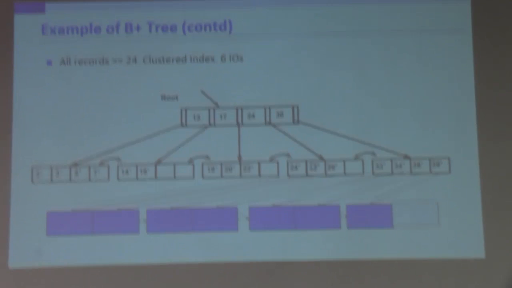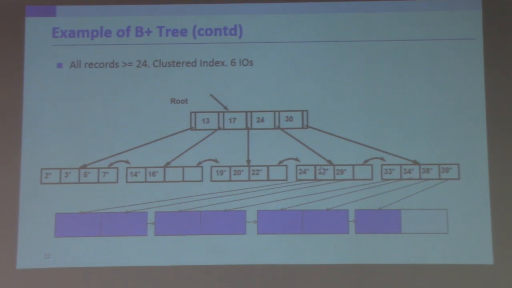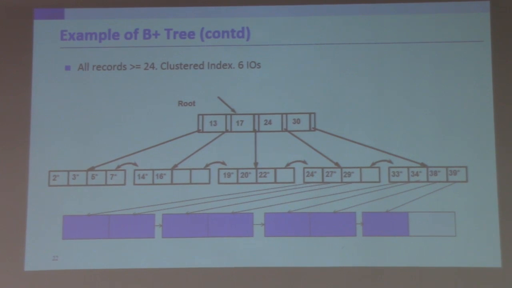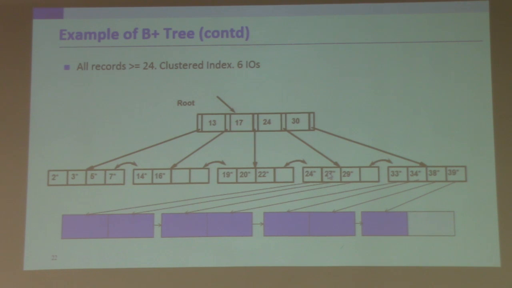But keep in mind, your objective is to find the records, not just the data entries themselves. So you cannot stop at the leaf level. Does that make sense? You actually have to go down to the data page. So you follow 24 coming down here.